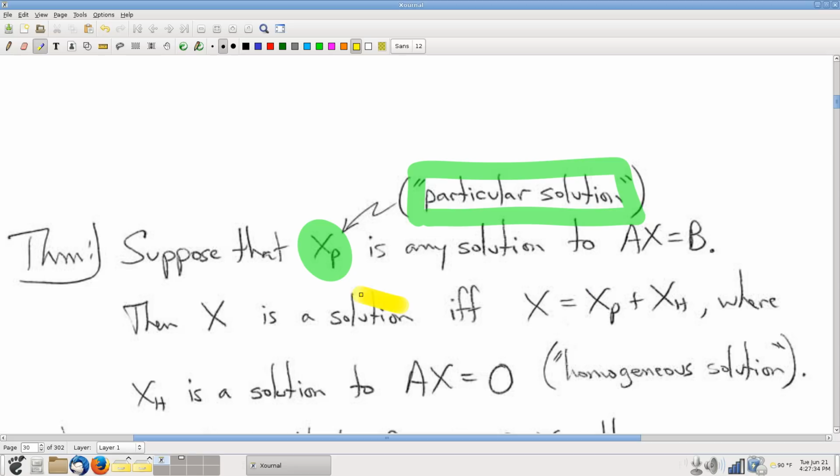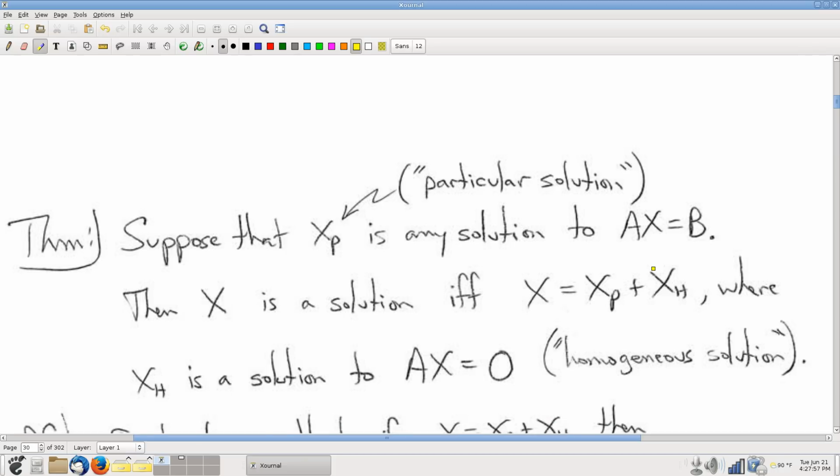It means whenever you have a solution, that solution can be written as xp plus xh. But it also means that if you have something of this form, xp plus xh, that's a solution. So we actually have to prove both of these statements in order to prove this theorem. So we'll take these one at a time.